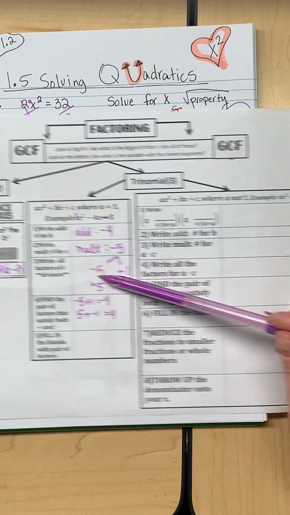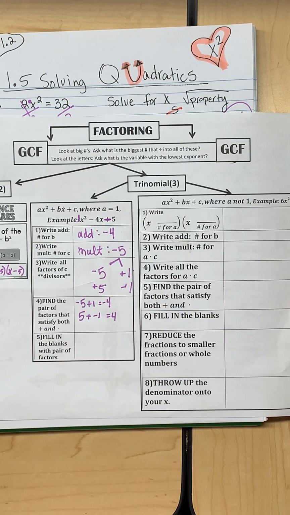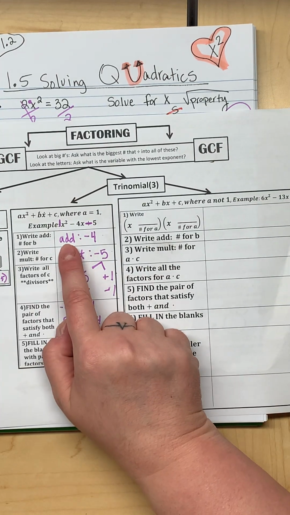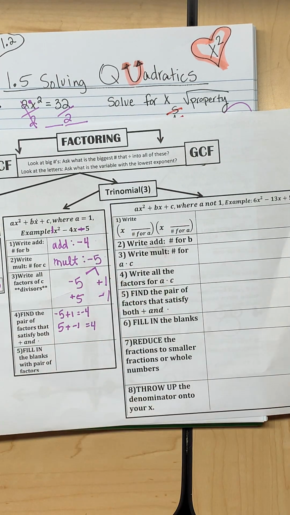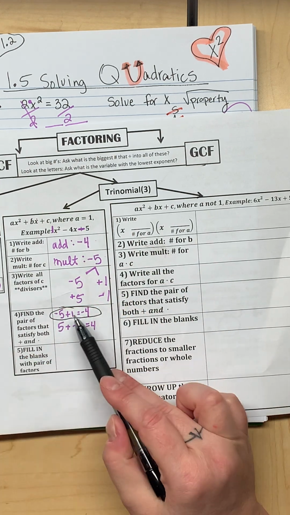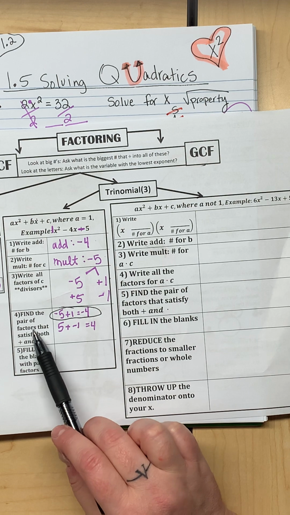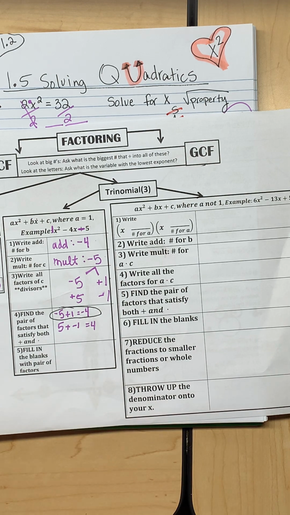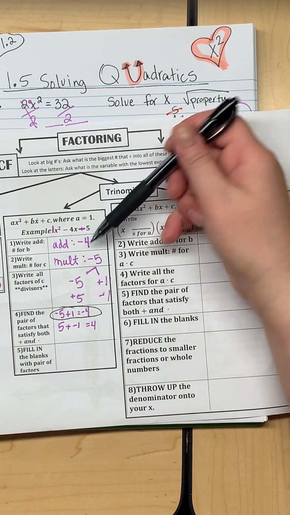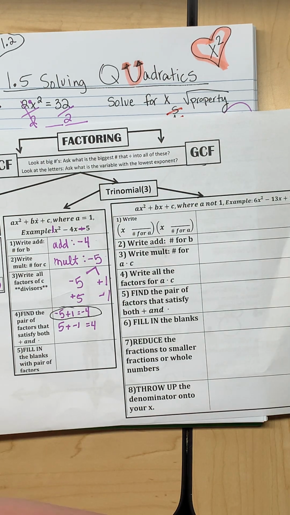Okay, so anyway, if I add these two sets, I get a -4 and a 4, but let's look. I wanted to add to a -4, so I'm going to use this pair, the -5 and the +1. So that's what step 4 means. It means we have to find the pair that both multiplies to -5 and adds to -4.